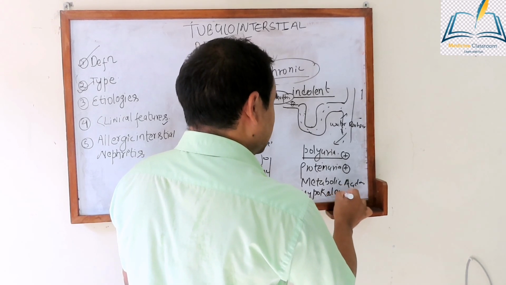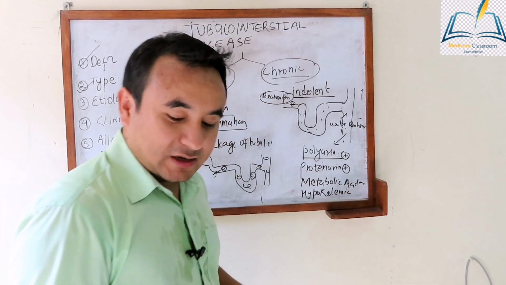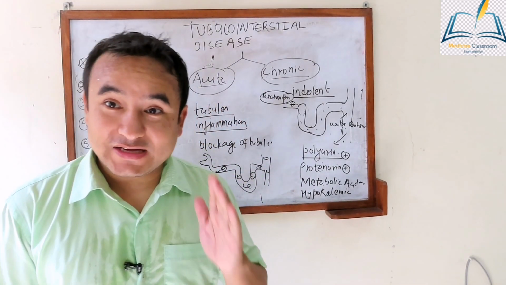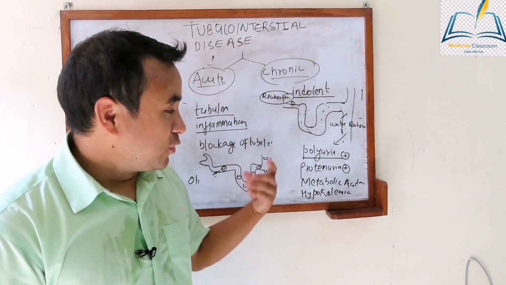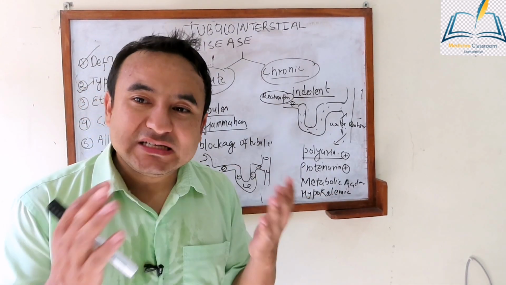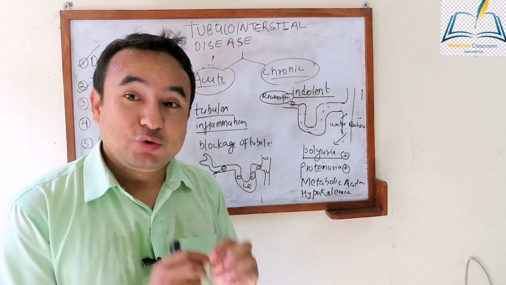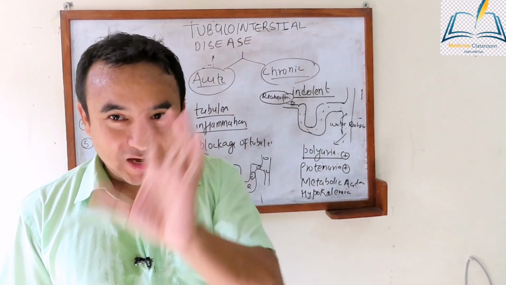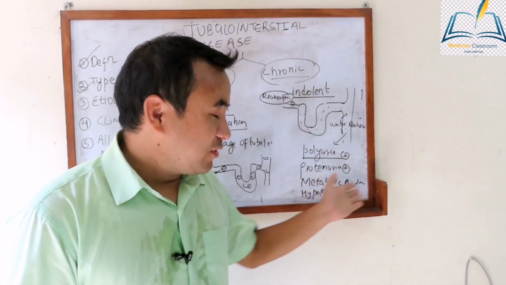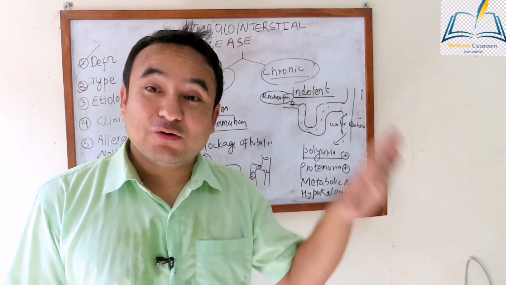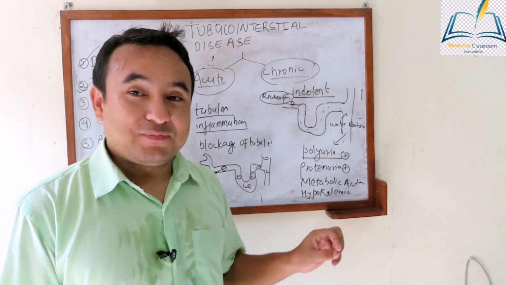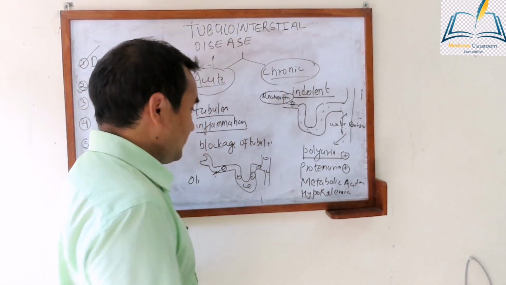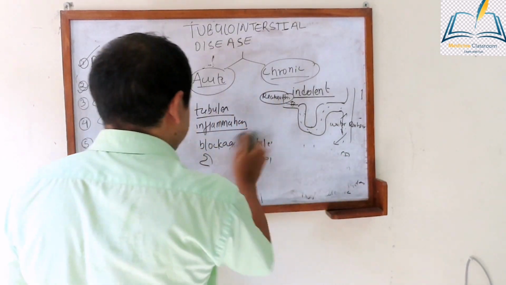In contrast to acute tubulointerstitial nephritis, chronic will have polyuria, proteinuria, and different electrolyte problems depending upon which part of the tubule is involved. Some have hypokalemia, some hyperkalemia, some metabolic acidosis, some metabolic alkalosis. These are the conditions that you will see in a patient with chronic tubulointerstitial disease.